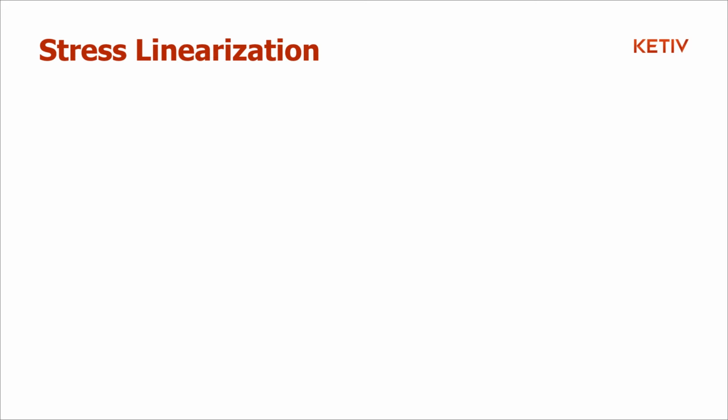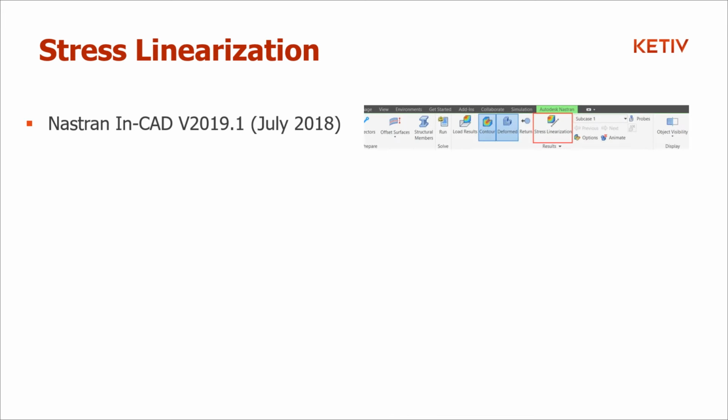So first of all, stress linearization is something that you will see available in the Nastran In-CAD 2019.1 release, which was the most recent update. It released in July of this year, a couple of months ago. So in case you have installed the update, then you will see a giant stress linearization button right in the middle of your results panel. You should not miss that.